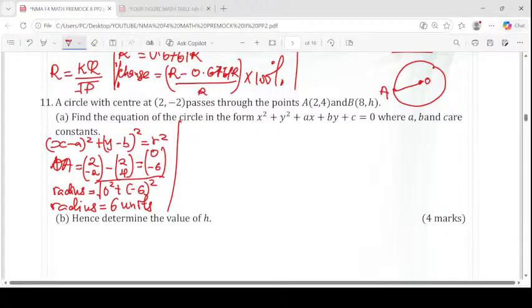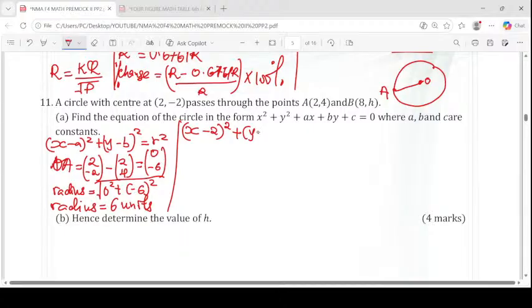After having the radius of our circle as 6 units, ladies and gentlemen, we can now have this as x minus a. What's our a? Our a is 2. So x minus 2 squared plus y minus negative 2.